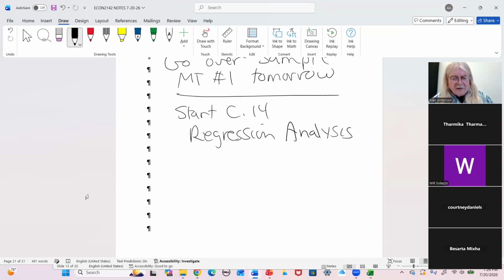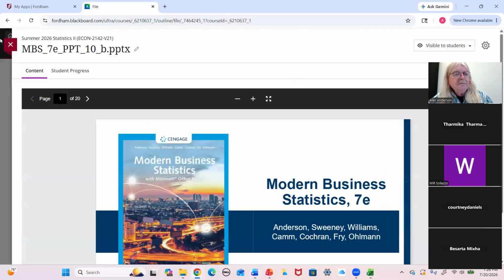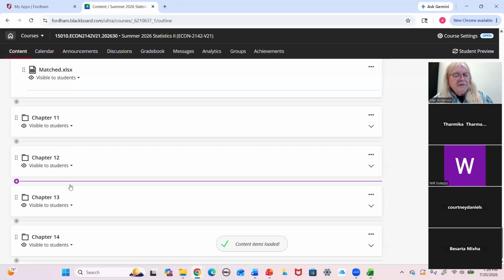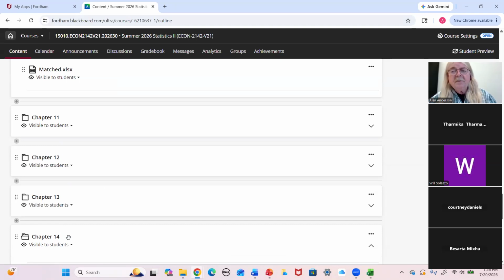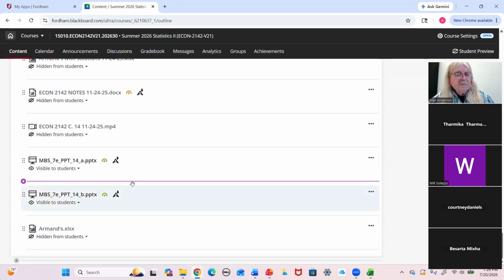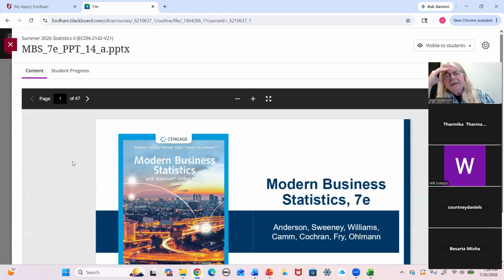So let me get this thing open. Chapter 14. Yes, it does have its own spreadsheets, but you'll be really surprised how much Excel is capable of doing here. By the way, there's another chapter in the book. Chapter 15 is called Multiple Regression Analysis, which is the next step up from what we're doing here. It's the more advanced version.